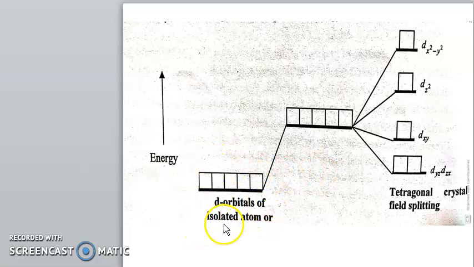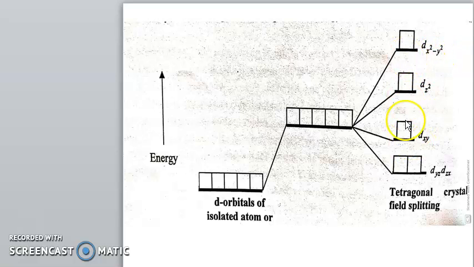Here is your d orbital of an isolated atom in its ground state; when it is provided energy, the orbitals split like this in the tetragonal crystal field. Here dyz and dzx have equal energy, then the higher one is dxy, then the higher one is dz², and the highest one is dx²-y².